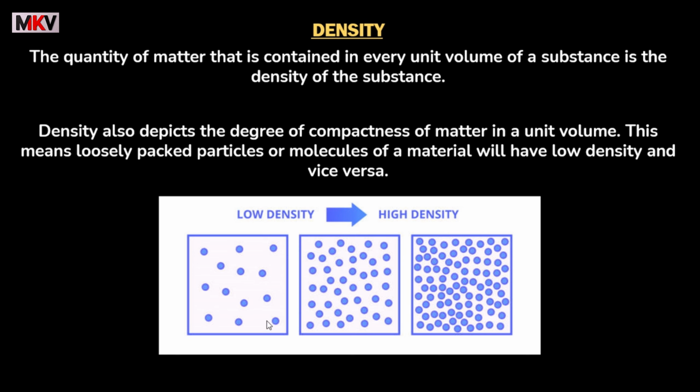Hence the density of this material will be less compared to that and to the last one as well. So the number of pore spaces also affects the density. The more closely the particles are packed together, the higher the density, and when the particles are loosely packed, the density will be less.